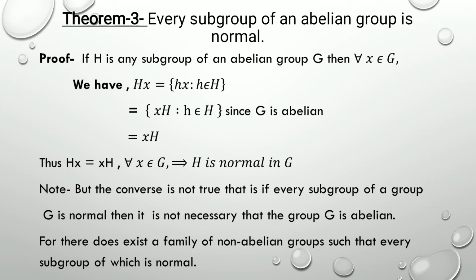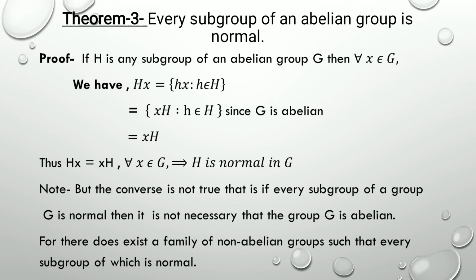Thus hx is equal to xh for every x belongs to G, and it implies H is normal in G.